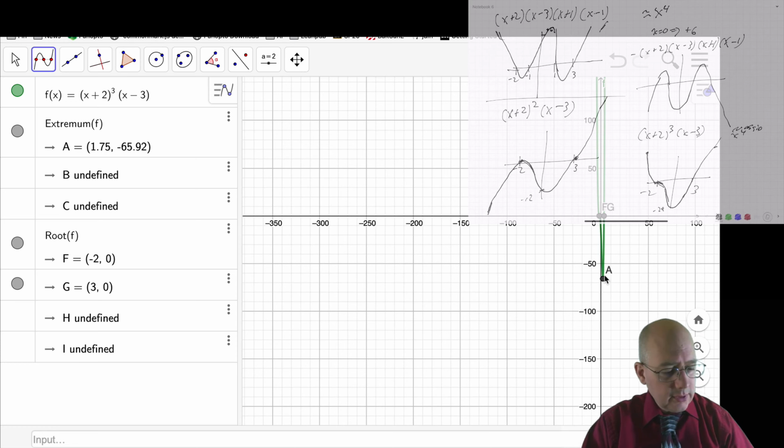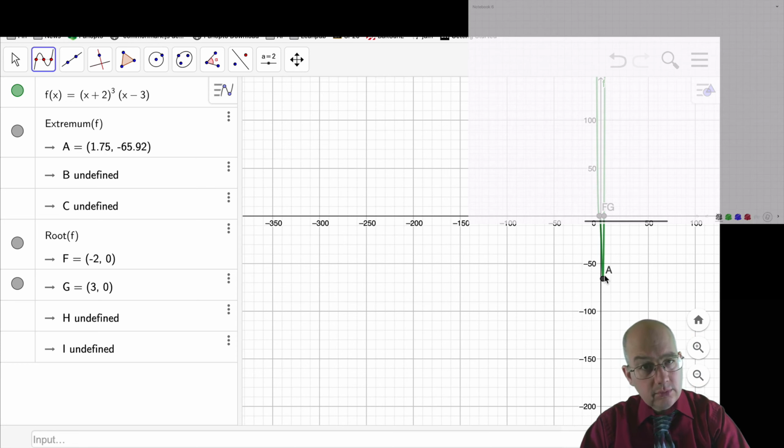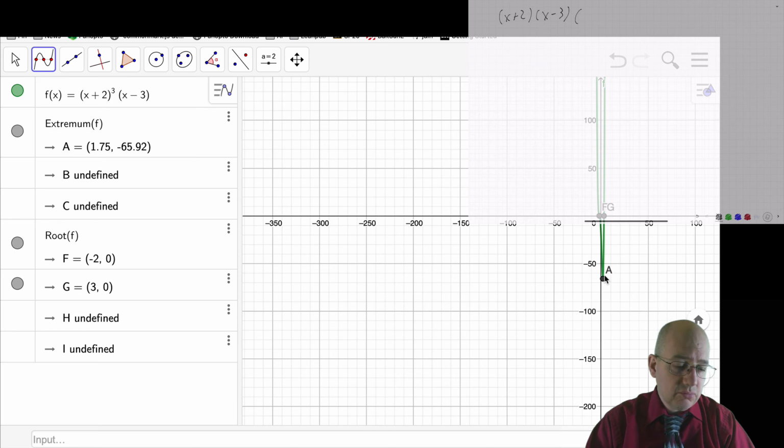Oh, I guess what happens if we add in, say, so we've got x plus 2, x minus 3, and let's say that we add in, or multiply in, I suppose, a polynomial that has no real zeros.